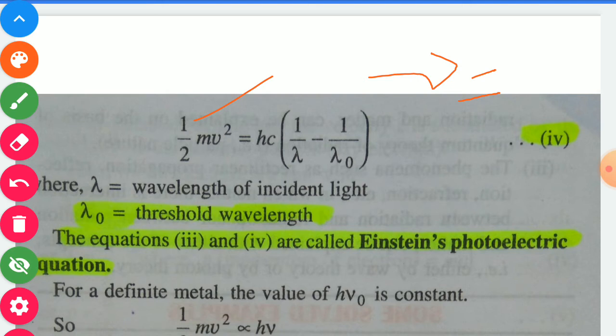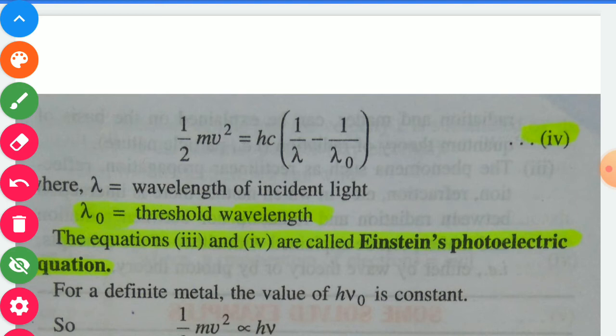Therefore we find this equation if we want to take the wavelength in place of frequency. So finally we may say half mv square, that is kinetic energy, is equal to hc in bracket 1 upon lambda minus 1 upon lambda 0.